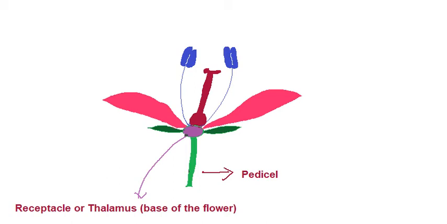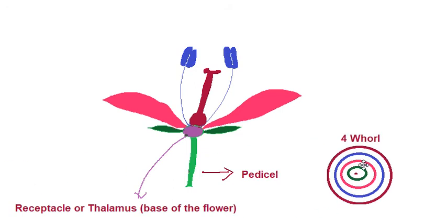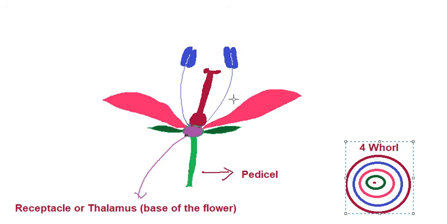In any typical flower we can see that we have four whorls. These four whorls are nothing but concentric rings. Right at the center we have the receptacle or the thalamus, and the one on the outside, the outermost, is the calyx.